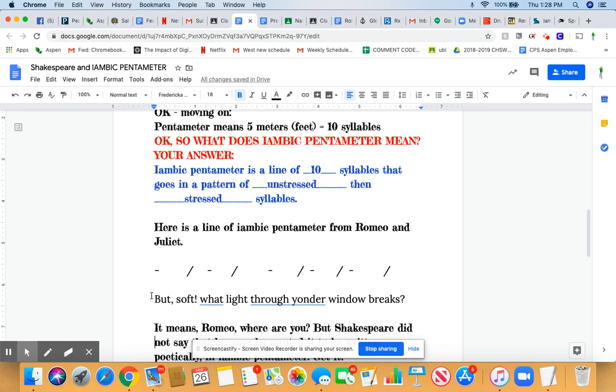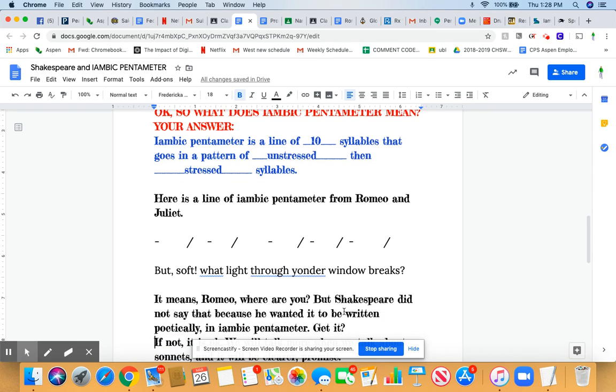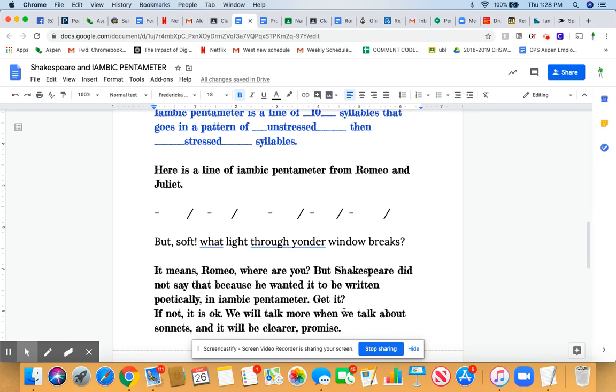But notice he says, "But soft, what light through yonder window breaks." It means, Romeo, where are you? That's all it means. But Shakespeare did not say that because he wanted it to be written poetically in iambic pentameter. Does everyone understand? I hope so.